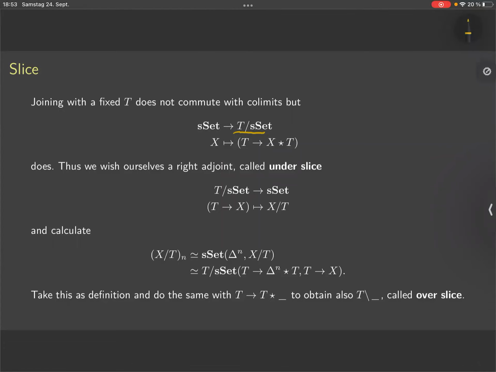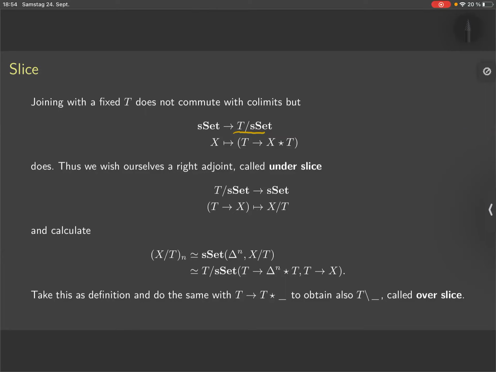So it looks like this, and then we calculated what it should be, and it turns out that here is the formula. The n simplices are just maps like this by the unit lemma, and we can now adjoin it to the other side. And now everything is known, and we take this as definition. It's a similar process as when we look at the enriched internal HOMs in simplicial sets.